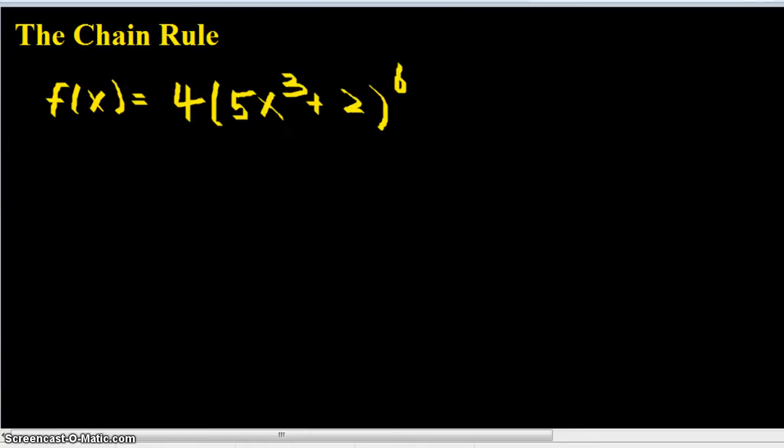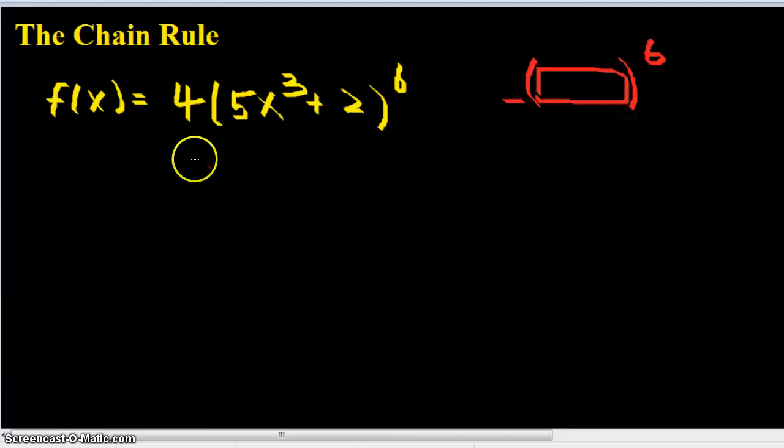But in order for us to apply the chain rule, we need to observe our function first and see what we have. Right now I have just a number, and then I have this cubic function to the power of 6.